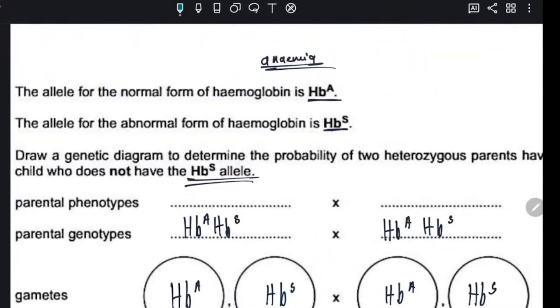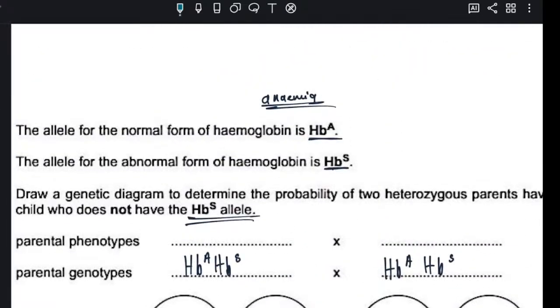Are we together? Here, if you come to where they say parental phenotypes, now they're saying, what do you see in parents? So here, if they are heterozygous, then they are carriers. So these parents are carriers of this sickle cell disease. So you can say they are carriers.